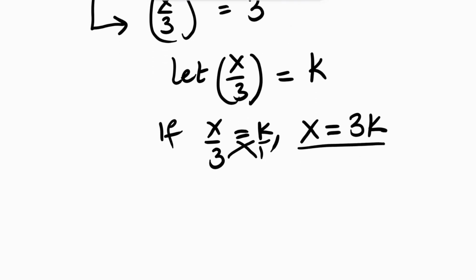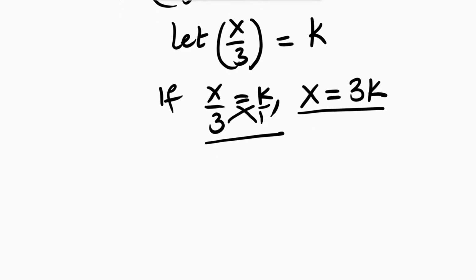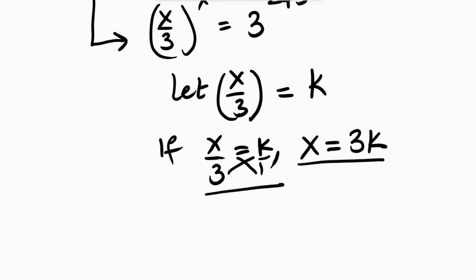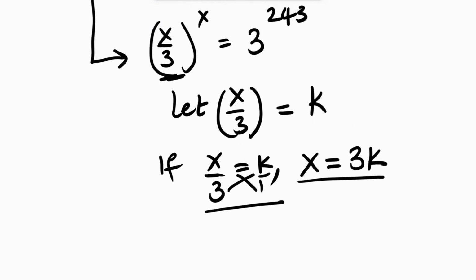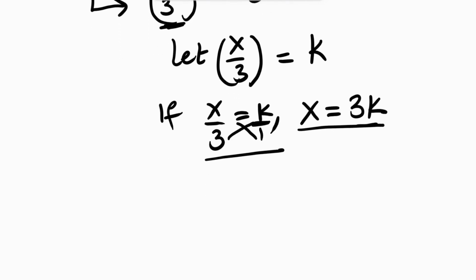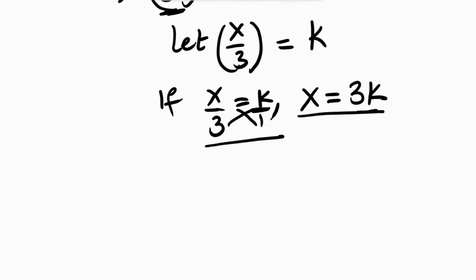So x equals 3k if x over 3 is equal to k. Wherever we see x over 3, we'll replace it with k, and wherever we see x, we'll replace it with 3k. So now our equation becomes k raised to the power 3k equals 3 raised to the power 243.